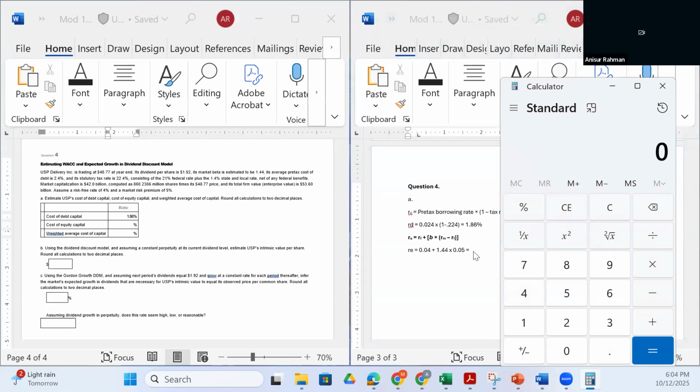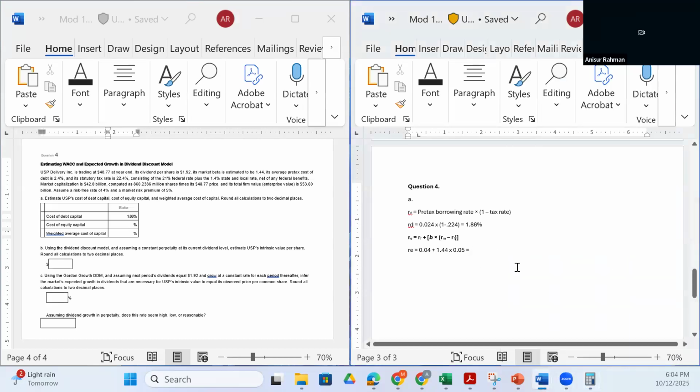Actually, do that part first. Times 0.05 plus 0.04. So 11.2%.